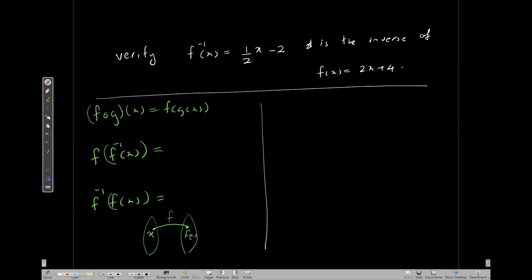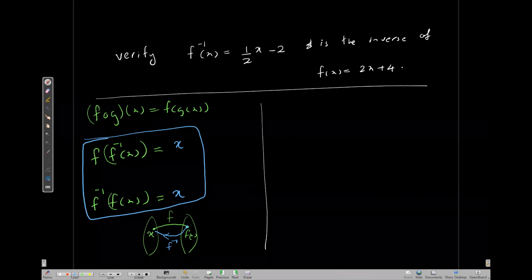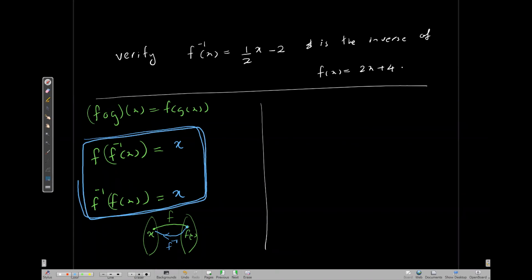So f will do that job. On the other hand, f inverse will take it back to x, right? So f of f inverse x and f inverse of f x is going to be x, or the identity function. So remember this, and now we are going to use that for this problem to verify it.